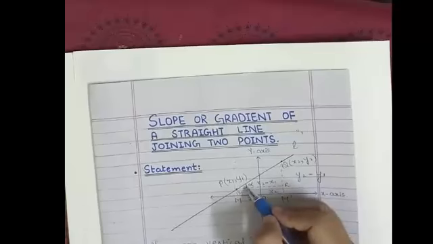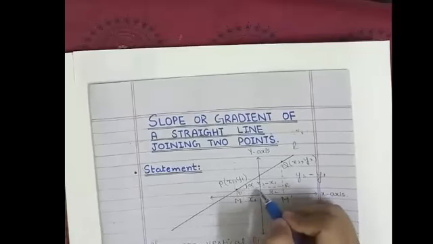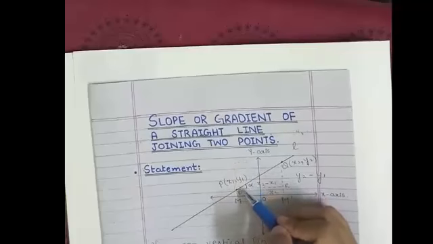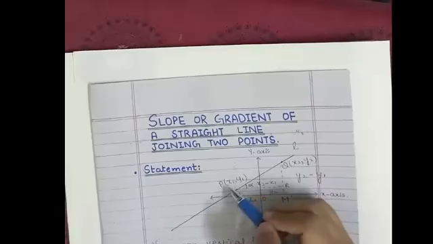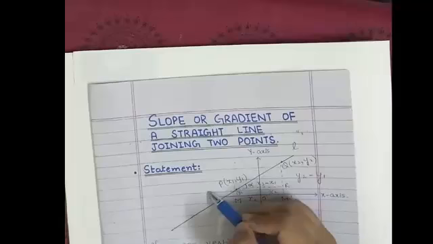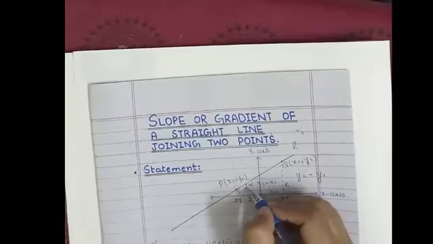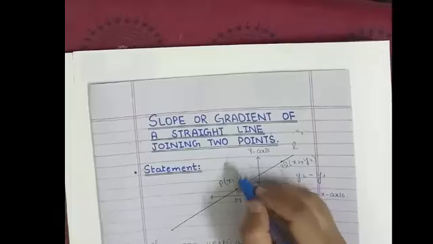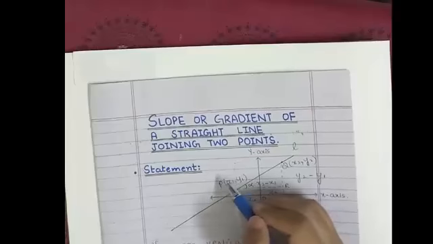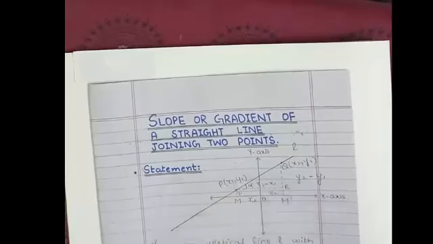So we will check between 0 to pi by 2 what value this inclination will give us. And in the second case we will consider alpha between pi by 2 and pi. Both inclinations will give us the same answer. So check it.